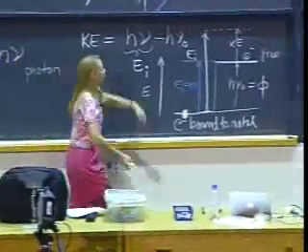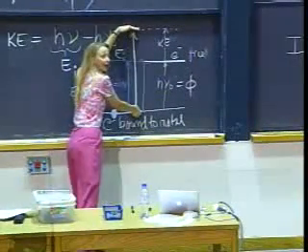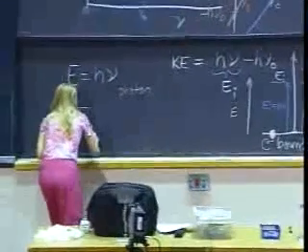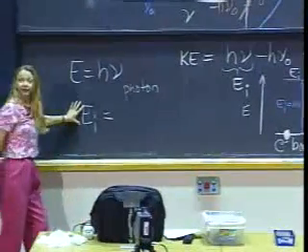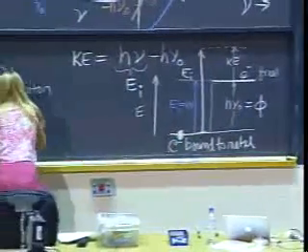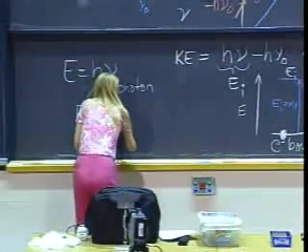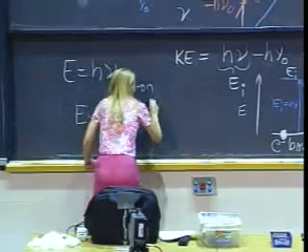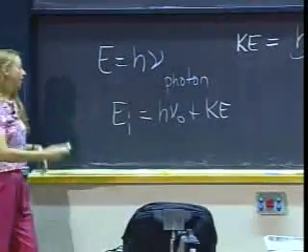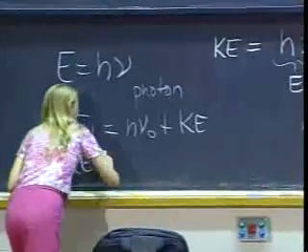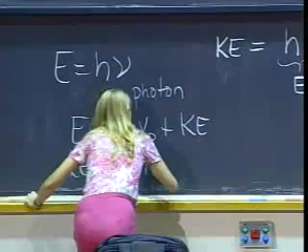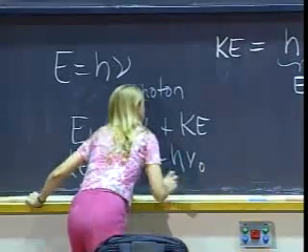And so in this case, and in all cases, we have to conserve energy. So the incident energy of the light, from here to here, has to be equal to h nu naught plus the kinetic energy. Or if I turn this around, the kinetic energy is equal to the incident energy minus h nu naught.